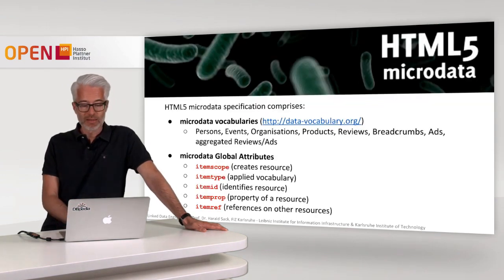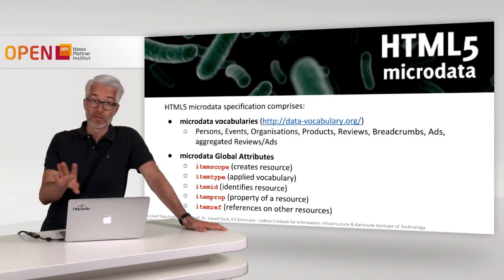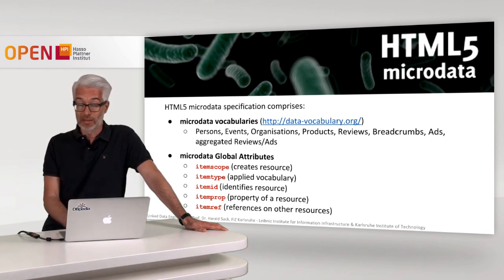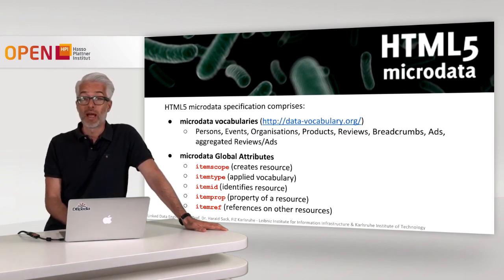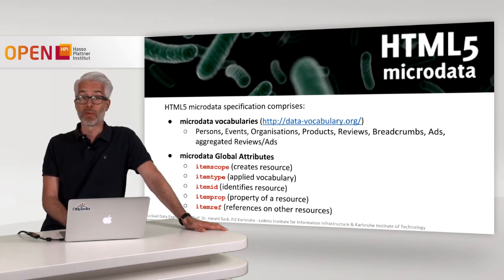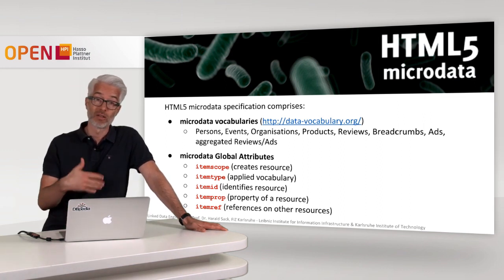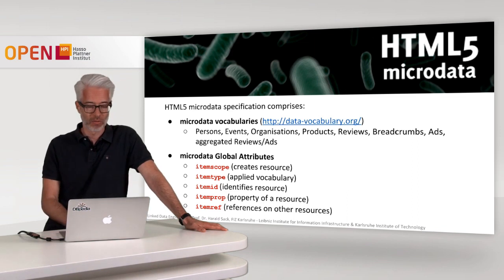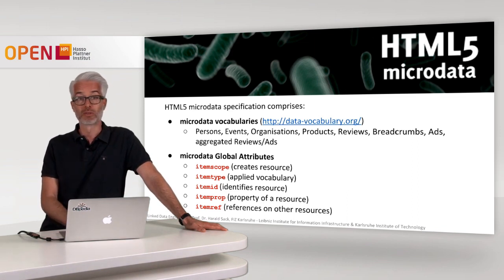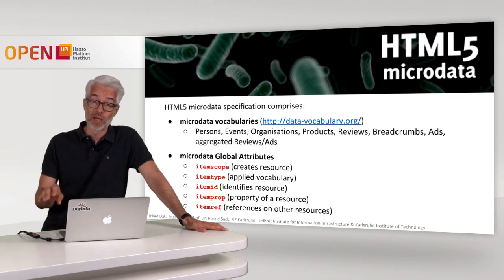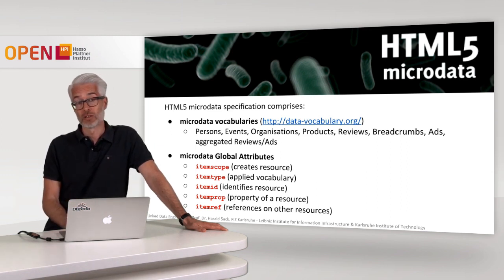But the main difference is there are lots of vocabularies available, and new global attributes have been defined, these microdata global attributes. So there can also be no mix-up because there are new attributes that can be used. Of course, these are different attributes, but from the way they work, they are quite similar to the attributes that have been defined for RDFa.